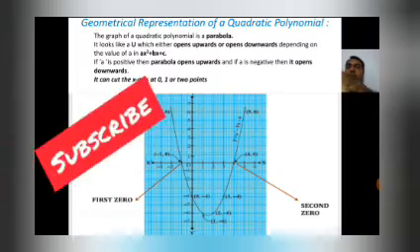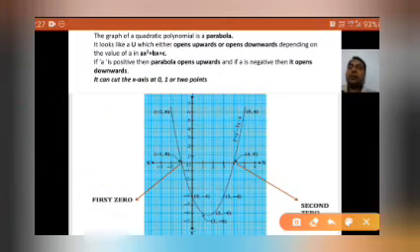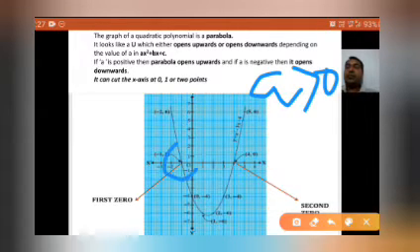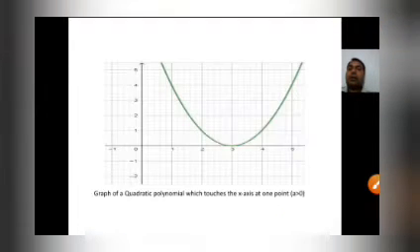This is the relation between zeros and coefficients of quadratic polynomials. Geometrical representation of quadratic polynomials was already discussed in the previous class, but today, in the case of a greater than 0, the graph intersects the x axis at two points. These two points are the zeros of the quadratic polynomial.